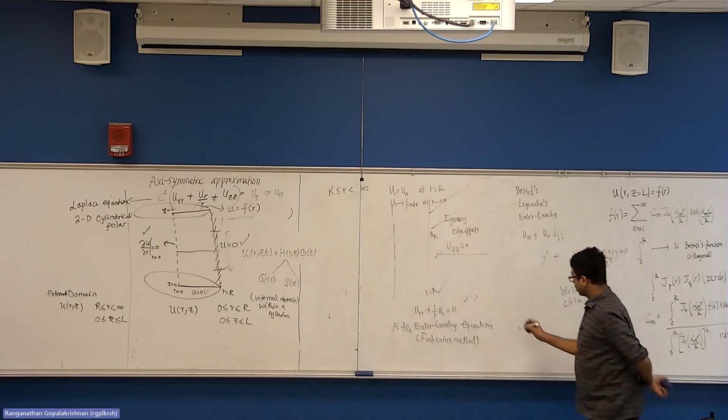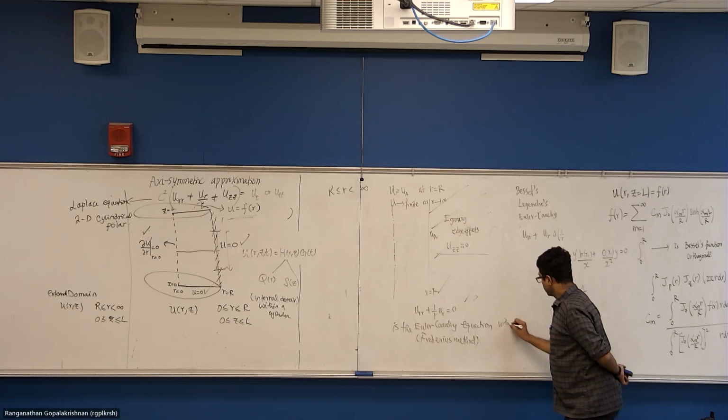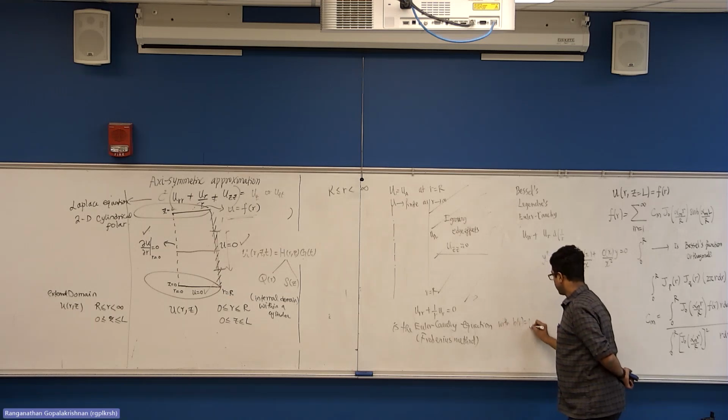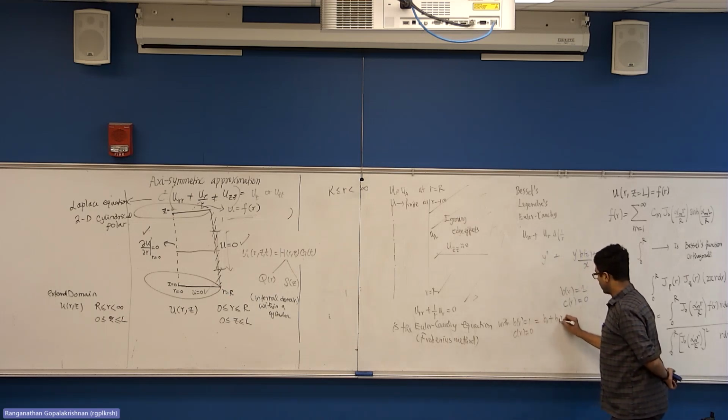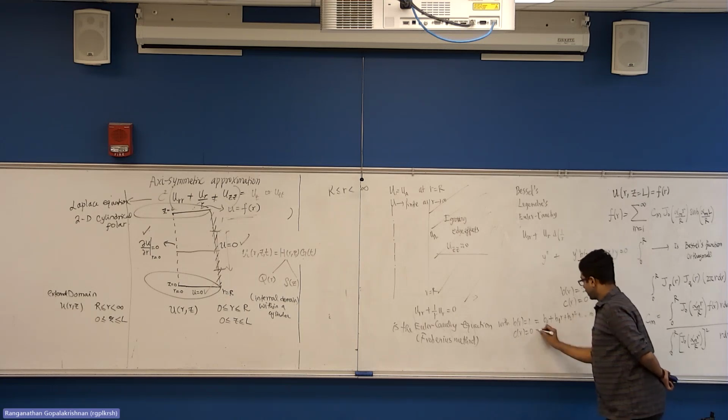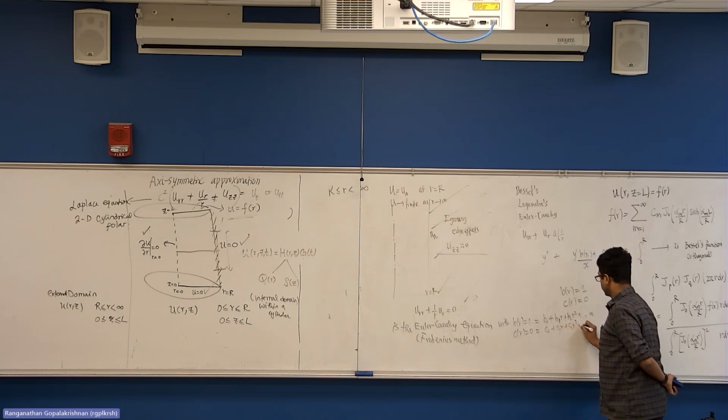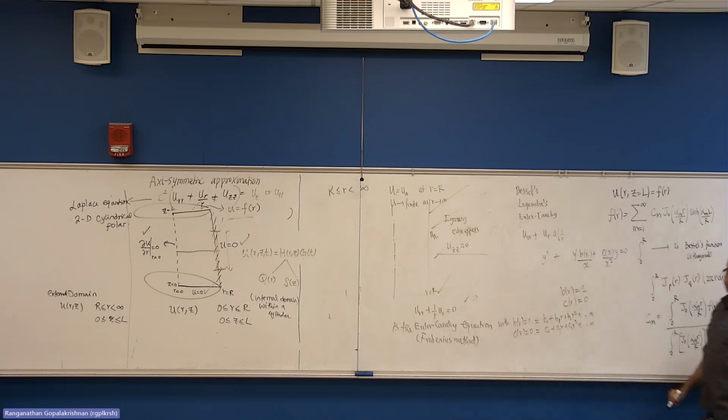Euler-Cauchy equation with P of r equal to 1 and C of r equal to 0. And B of r is supposed to be an infinite expansion, B naught plus B1 r plus B2 r squared and so on. And C of r is C naught plus C1 r plus C2 r squared plus and so on.